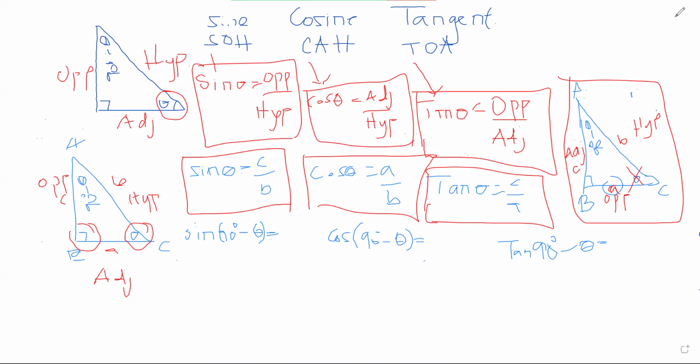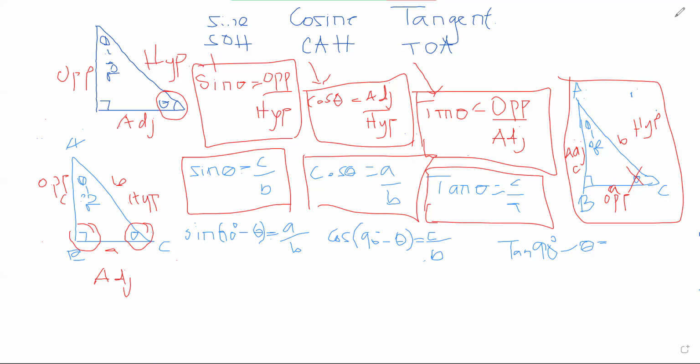So that means our opposite is going to be a over our hypotenuse, which is small letter b. Moving on, we're going to have cos of 90-degree minus theta, which is adjacent over hypotenuse. Our adjacent is small letter c over hypotenuse, small letter b.